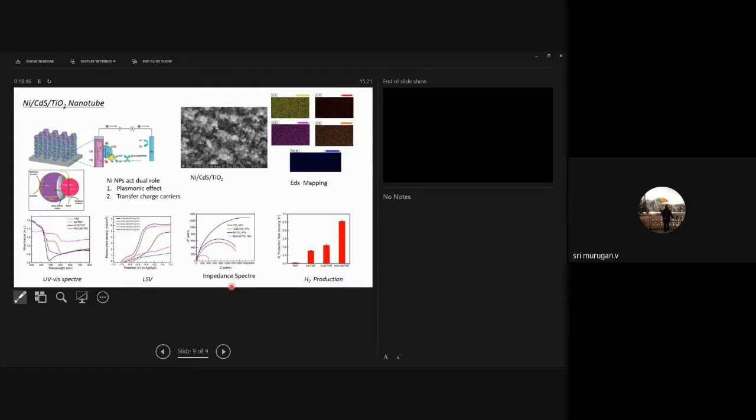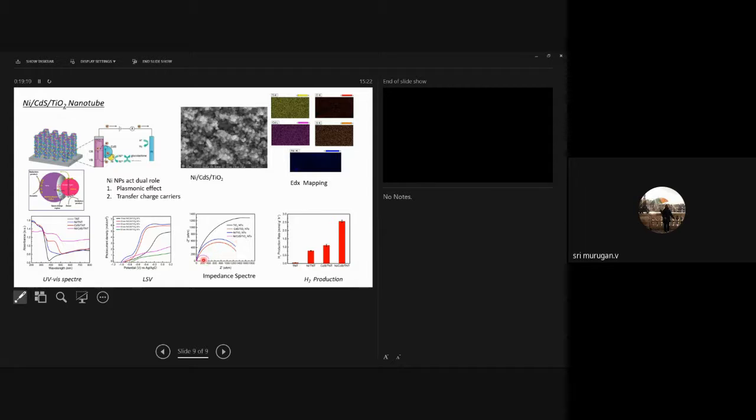And this one is the impedance spectra. Impedance spectra represents how well this photoanode is able to transfer the generated photo carriers. You can see here, a very small semicircle shows efficient transfer of charge carriers.